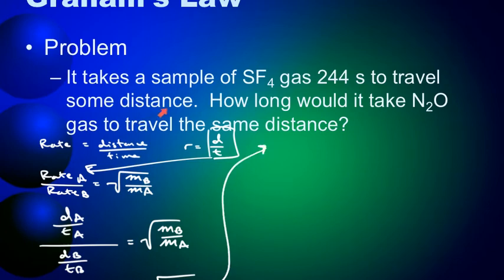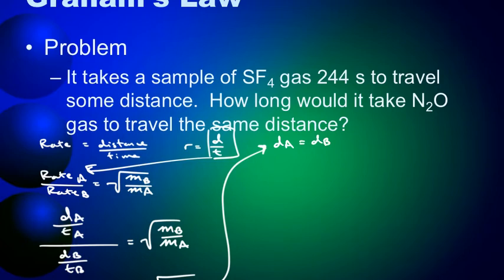But it says, to travel some distance, how long would it take N2O gas to travel the same distance? Well, in this particular problem, what we are assuming is that dA is equal to dB.